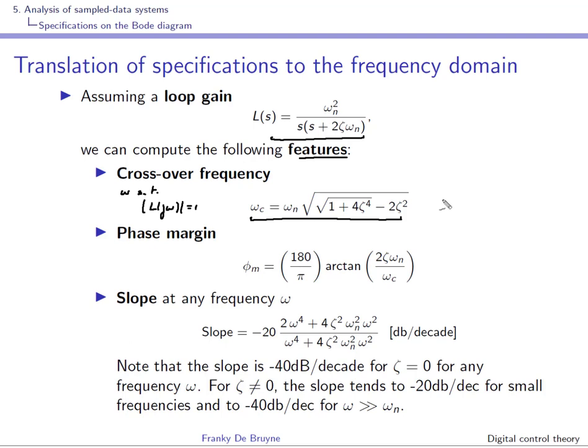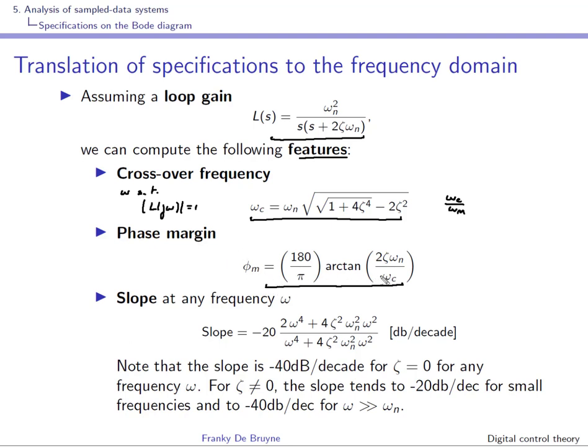What is interesting here is that you can plot omega c over omega n as a function of zeta. From your specifications you will have omega n and zeta, so this will allow you to obtain omega c. You can also compute the phase margin: you look at the phase shift at the crossover frequency and then look for how much margin you have, and this will result in this quantity over here.